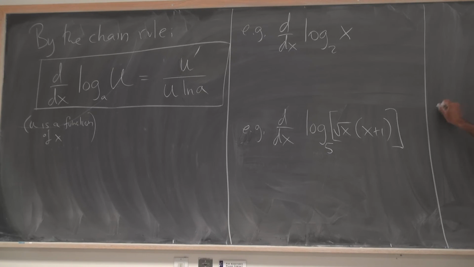Find the derivative of log to the base 3 of 10 plus 7 cosine x.